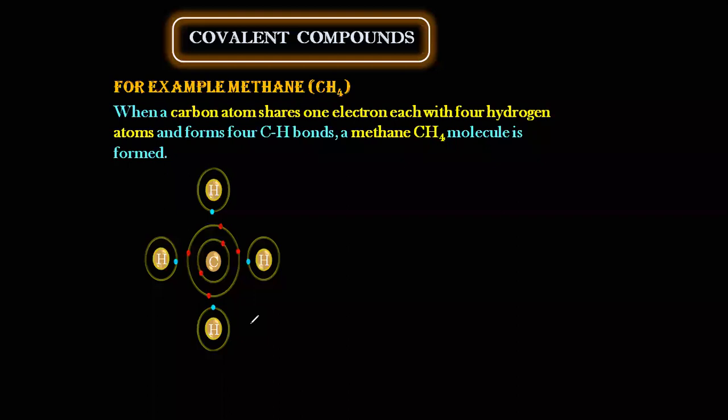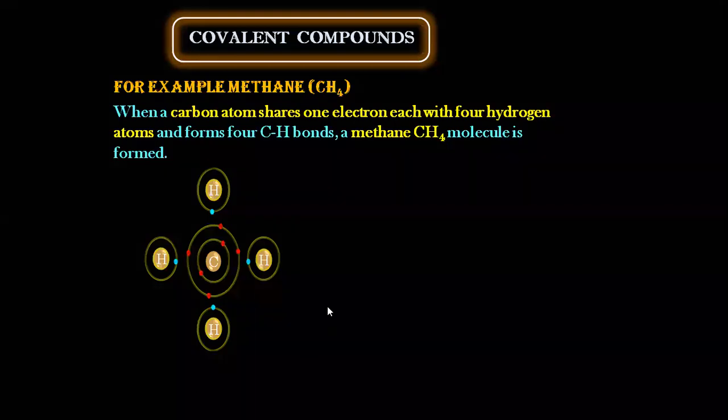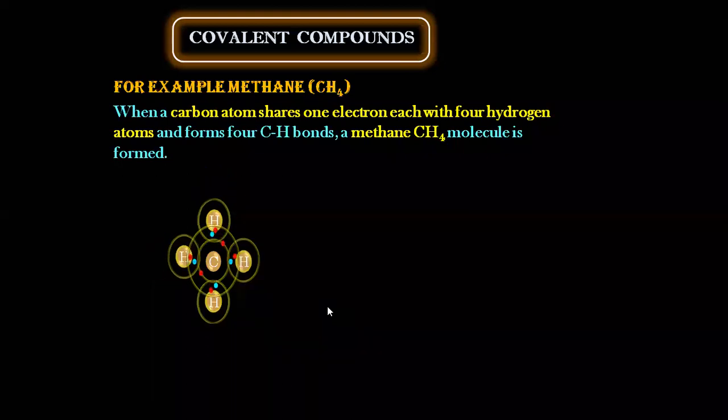See next. They all come and bond with here. Can you see this? 4 जो red dots है, red dots are electrons of carbon and blue dots are electrons of hydrogen.